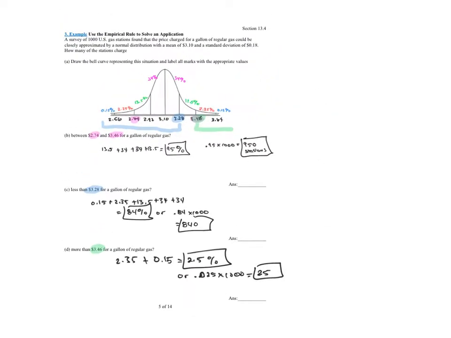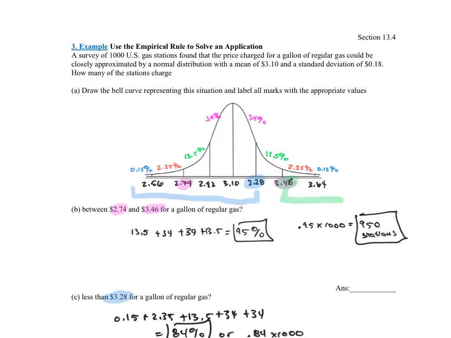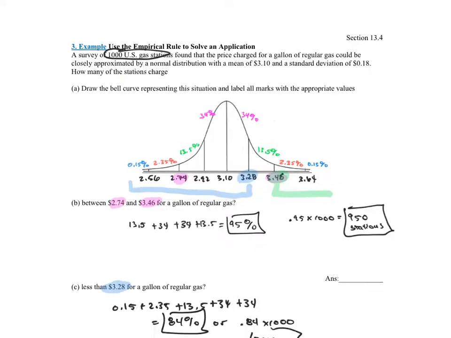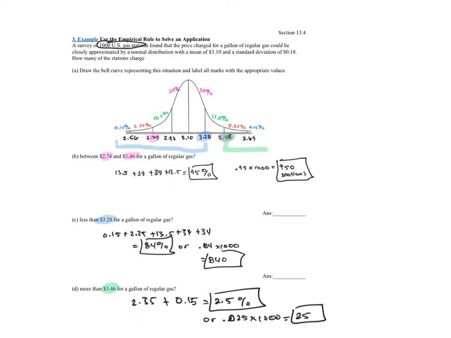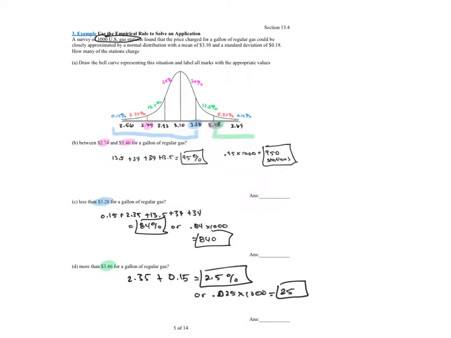Again, how did I get the quantity? The only reason I was able to get the quantity is because it said 1,000 U.S. gas stations. So if we were talking about the quantity of those gas stations, we would use the quantity. But if we're talking about the percentage, thinking that this is a sample of the entire United States, we would leave our answer as the percentage. So you could say 95% of gas stations across the U.S. charge this much, or 84% across wherever region they're talking about.